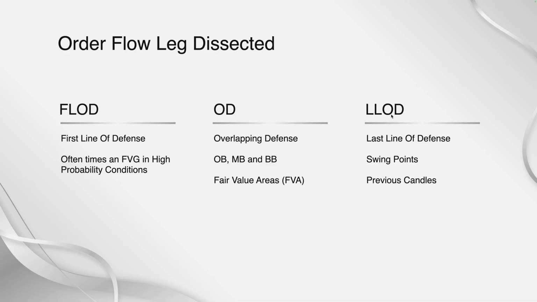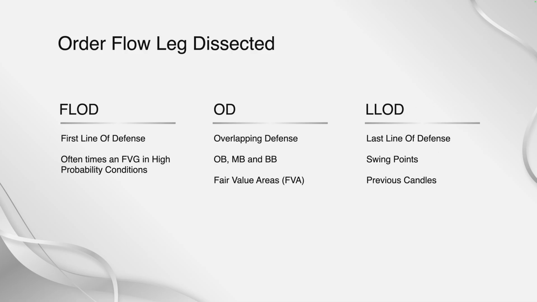After that, we move on to the lot. Lot is the last line of defense, which is always going to be a swing point, so swing high or swing low, or previous candles, so previous candle high or previous candle low. So we can see again that we have superior, fair value areas, and liquidity. That is the ideal order.